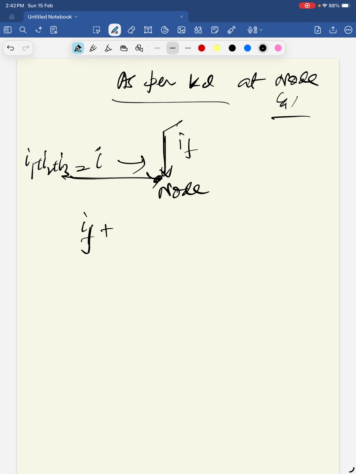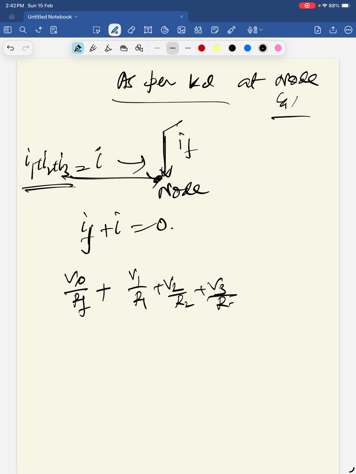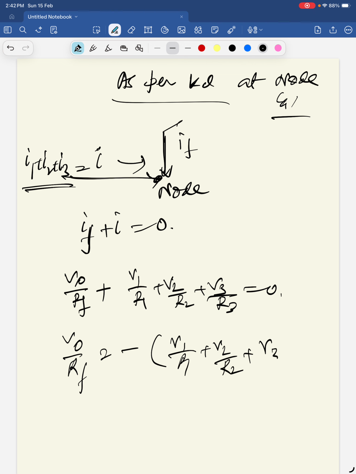IF plus this current I should be equal to 0. So now IF is equal to V0 by RF plus I means I1 plus I2 plus I3, that is V1 by R1 plus V2 by R2 plus V3 by R3, that is equal to 0. So V0 by RF is equal to, if we take minus common, V1 by R1 plus V2 by R2 plus V3 by R3.